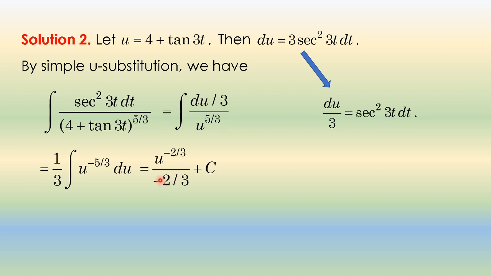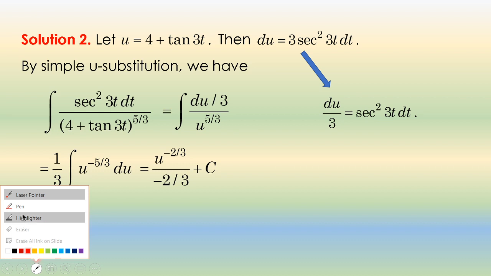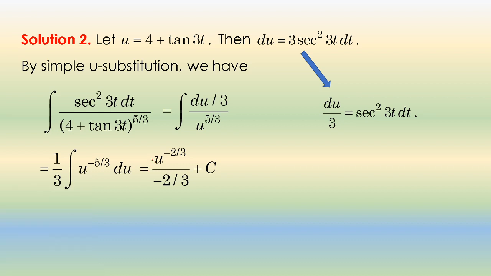But don't forget to multiply by 1 over 3. So let's multiply by 1 over 3. So getting 2 over 3, u to the 2/3. But 3 will cancel, so this now will disappear.